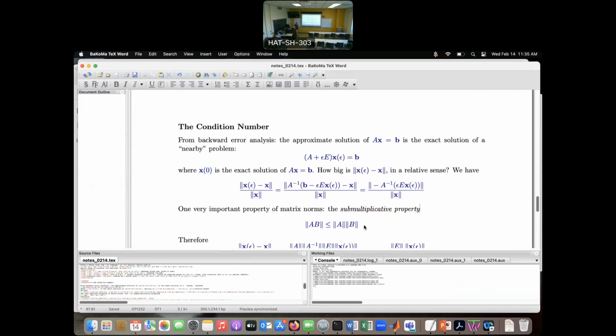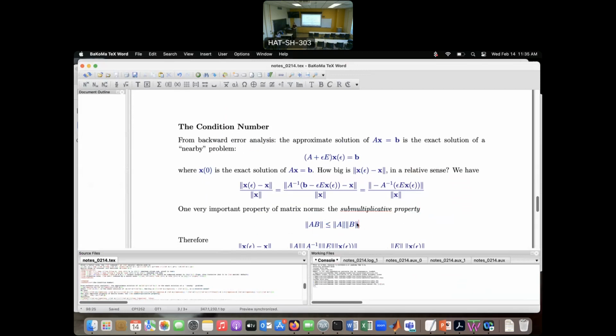Now, generally, a matrix norm is defined to have the same properties as a vector norm: it must be non-negative, scaling the matrix scales the norm, and it must satisfy the triangle inequality. There are some books that will include the submultiplicative property as part of the definition, and others that don't.